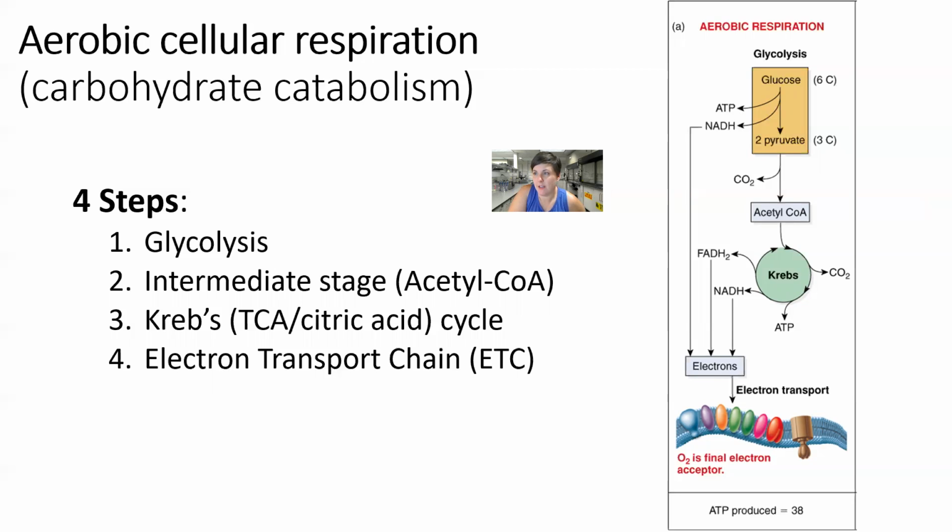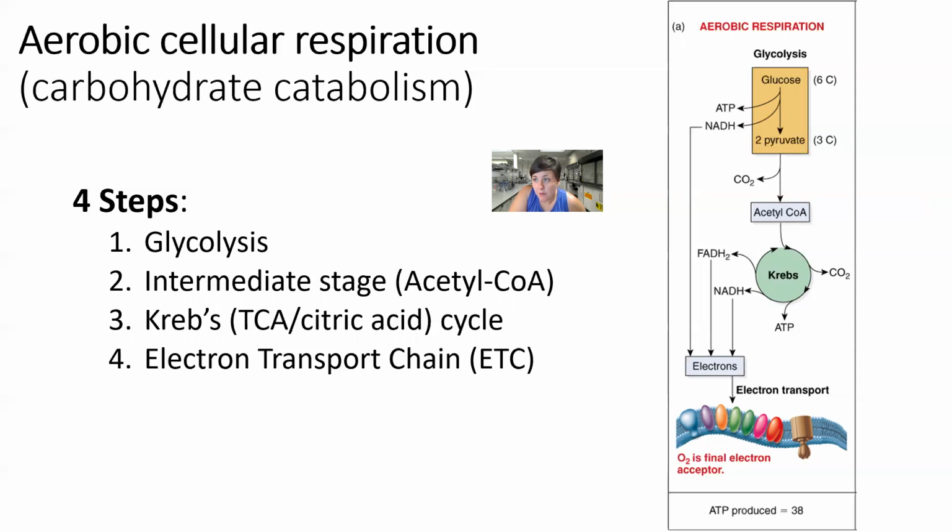All right, glycolysis. Step 2 is called the intermediate stage, where we break some more bonds. Step 3 is the Krebs cycle, where we break some more bonds. The first 3 steps of cellular respiration collectively serve to completely oxidize glucose.